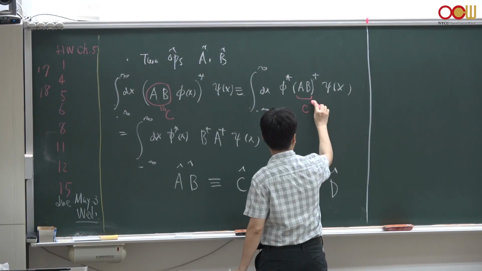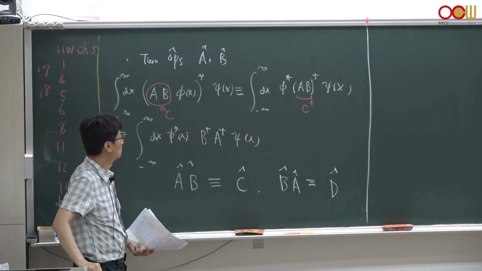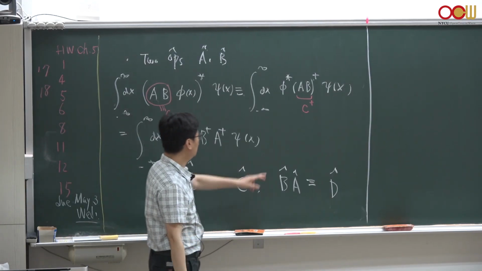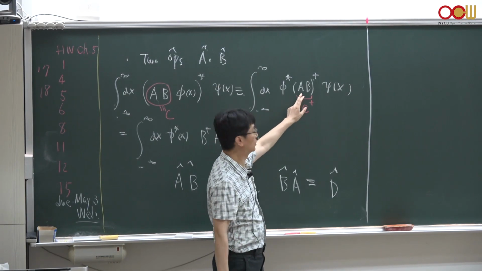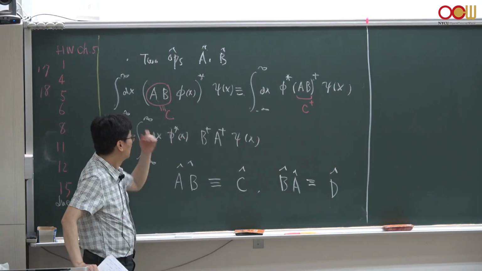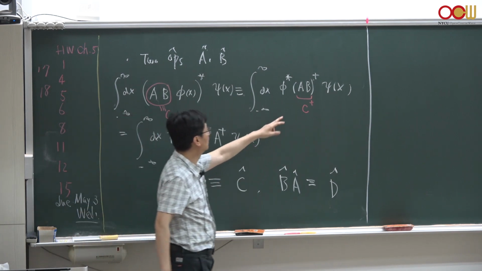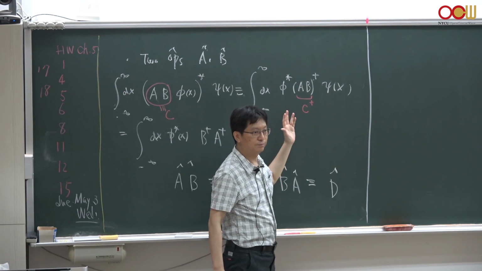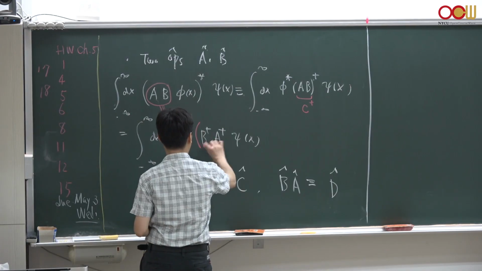This is the standard definition of a single operator and its dagger. But now remember, C is not made of a single operation, but of two operations like this. If you really want to separate this AB dagger into A dagger and B dagger, you'll show that this is the correct result.